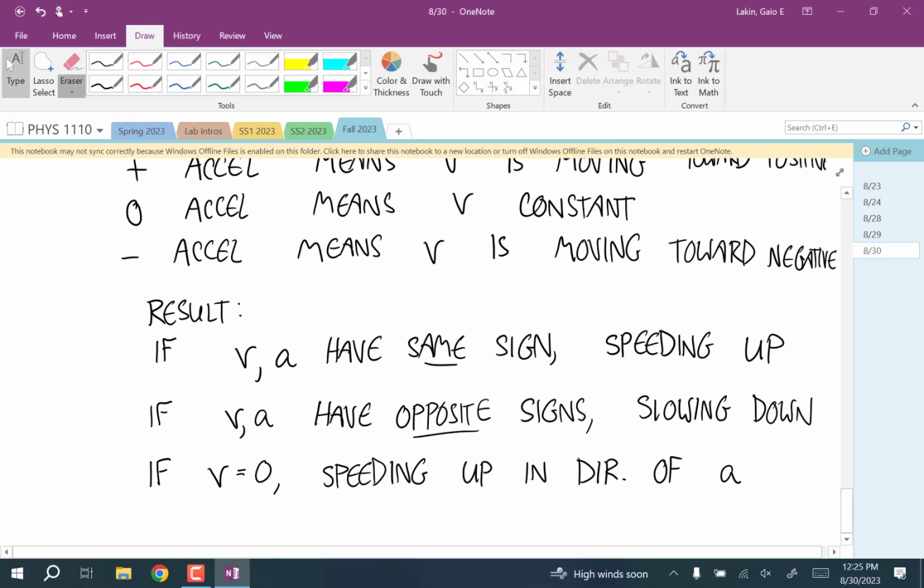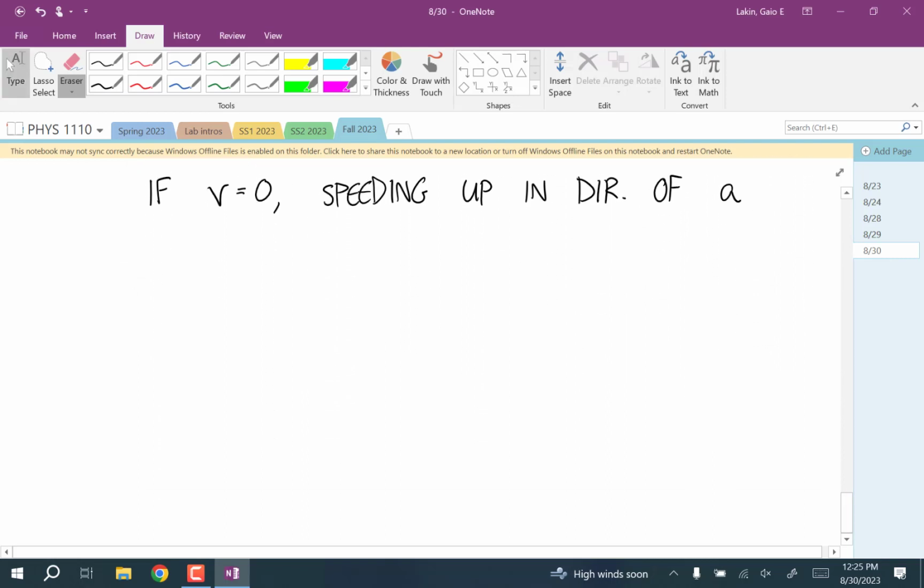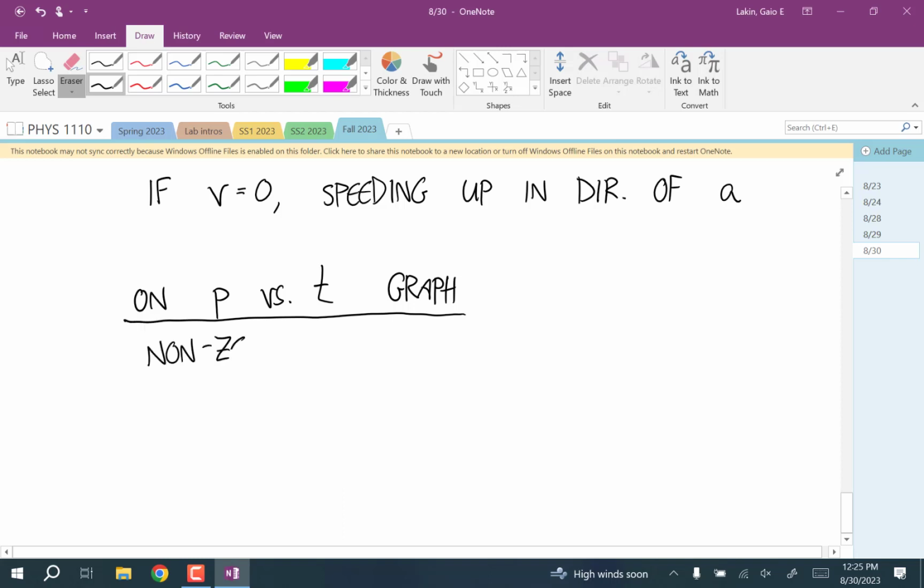Any questions right now about acceleration? Okay, so what does acceleration look like on a position versus time graph? On a position versus time graph, non-zero acceleration always means the graph has curvature.